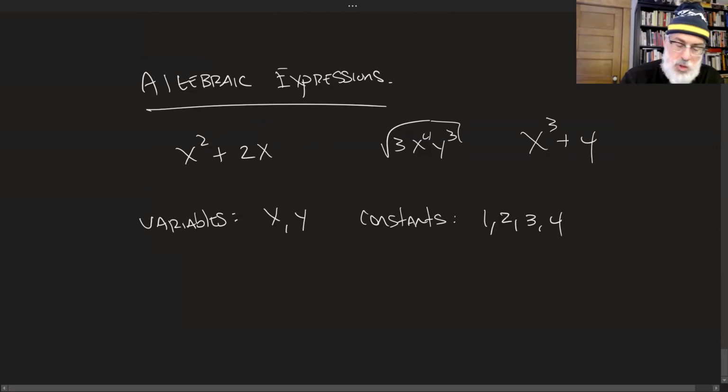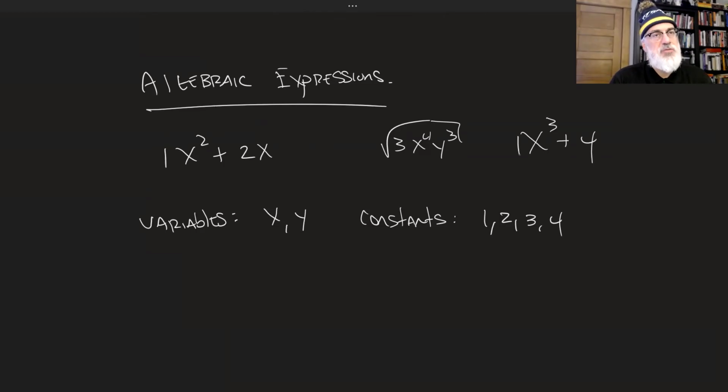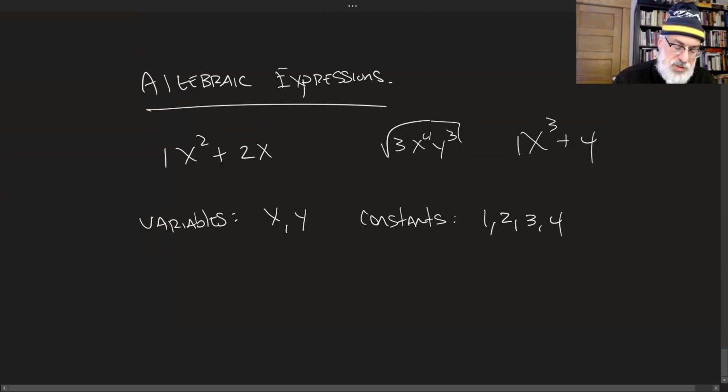The reason that 1 is here is because we always think of 1 existing in front of a variable if there isn't anything in front of it. So the coefficient of just x to the third is 1. For instance, 2x squared, the coefficient is 2. That's another expression.